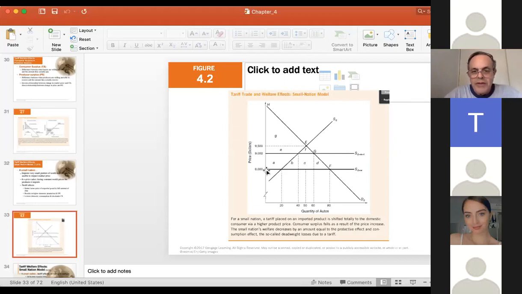Given the world price, the country can decide to purchase any amount at that price. The price will not change. So that's basically the essence of the model: a small country that will face a perfectly elastic supply for its imports, and this country will be a price taker, and will not be able to affect the price of imports.